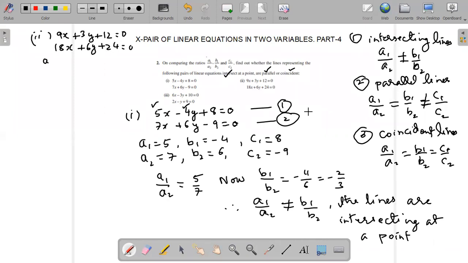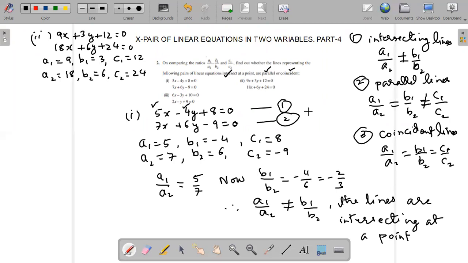So here a1 is equal to 9, b1 is equal to 3, and c1 is equal to 12. a2 is equal to 18, b2 is equal to 6, and c2 is equal to 24.